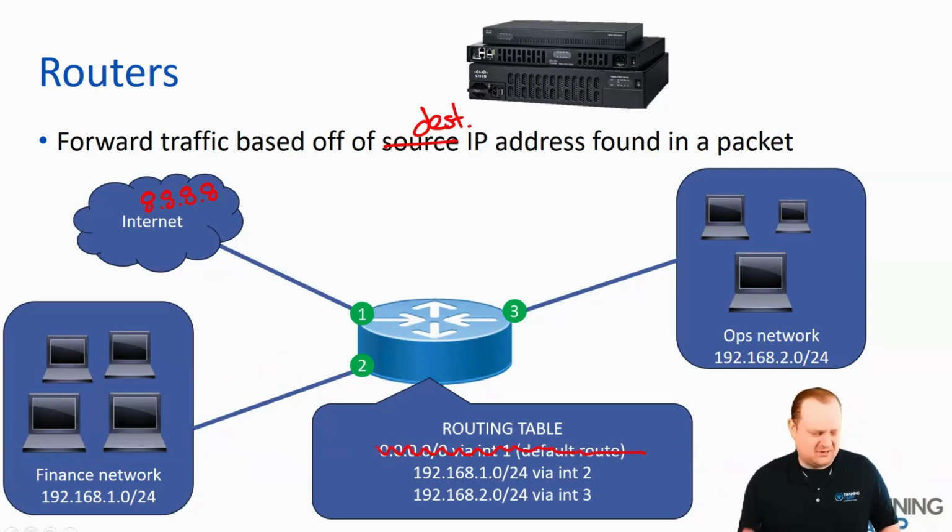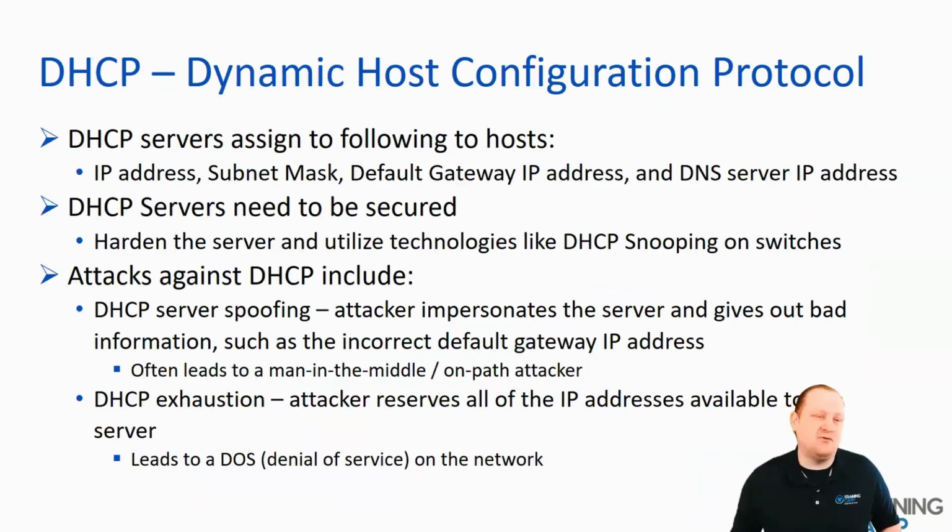So I don't know what to do with it. Delete it. Get rid of it. And that means people have got to be programming in default routes, or telling them what to do when it's otherwise unsure. It's another thing you learn how to do in a CCNA class.